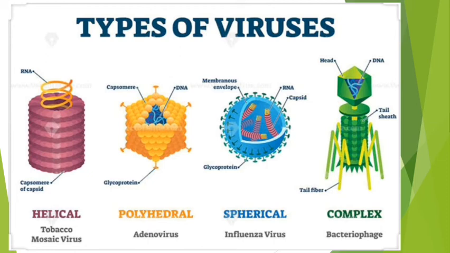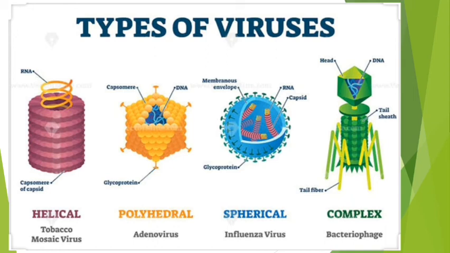That means other than protein, some carbohydrate is also present with the protein, because of which they form a complex conjugate protein, that is glycoprotein. Polyhedral structure example is adenovirus. So adenovirus looks in this form.